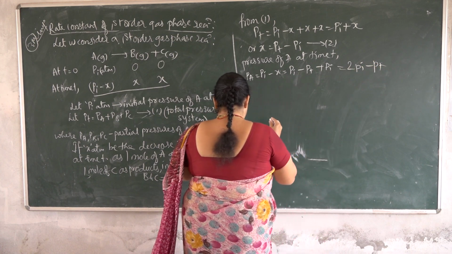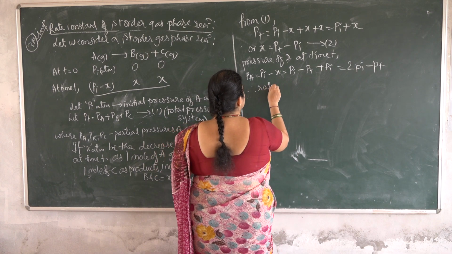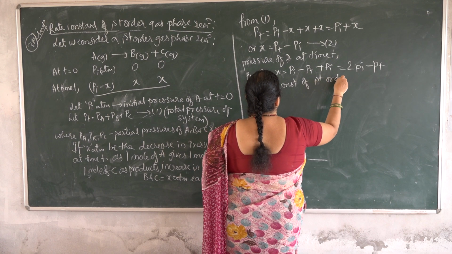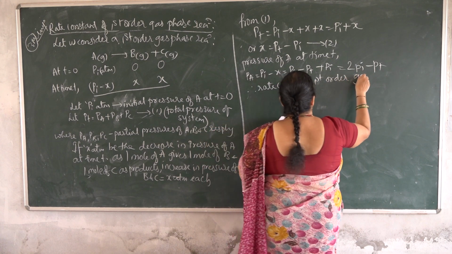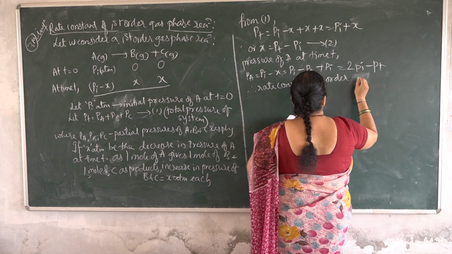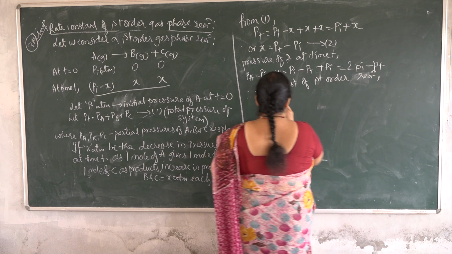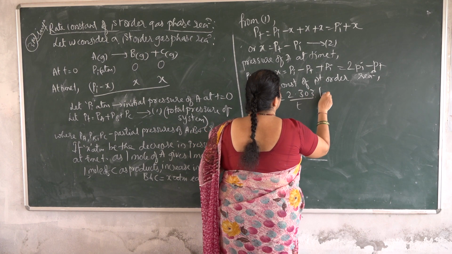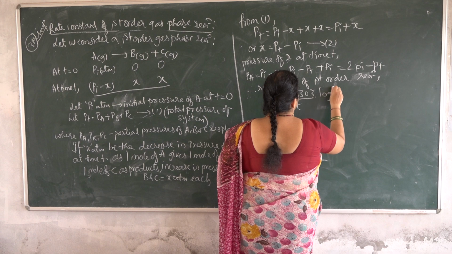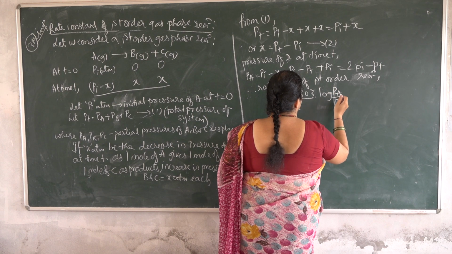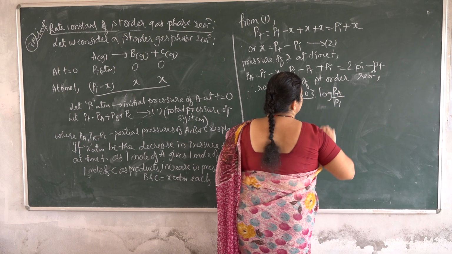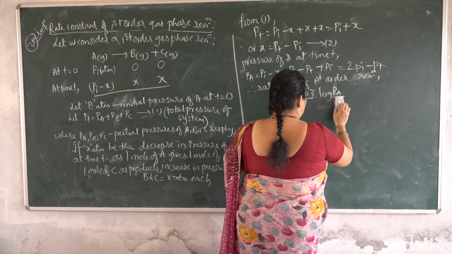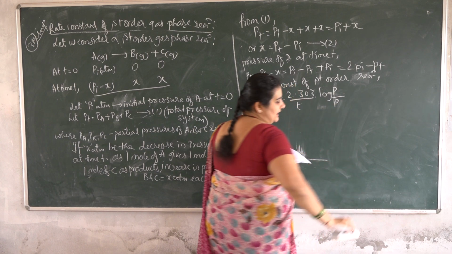So therefore the rate constant of a first order gas phase reaction is given by the relation K is equal to 2.303 divided by t log of Pi divided by PA. Okay.